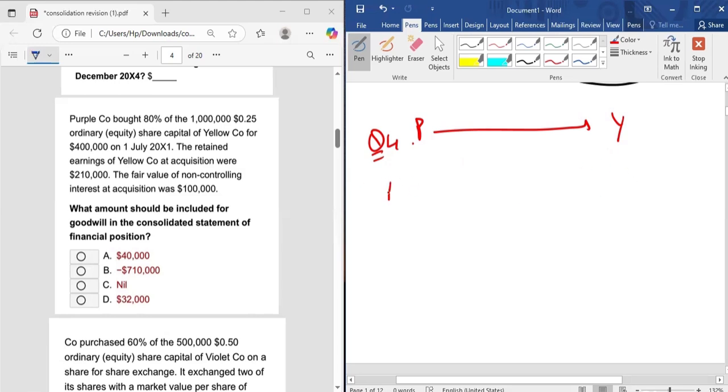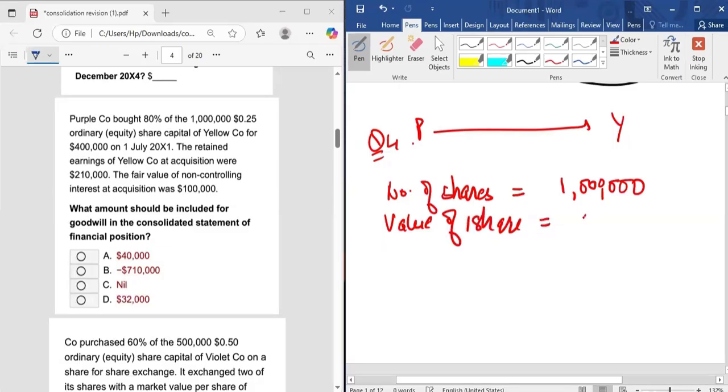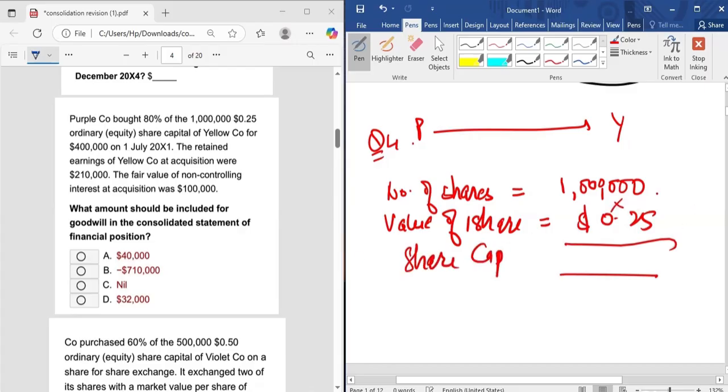So the number of shares of Yellow company is 1 million, or I can say 10 lakh, and the value of one share is $0.25, right? To find the share capital, I'll multiply the number of shares by the value of each share. So this will come out to be 2,50,000.